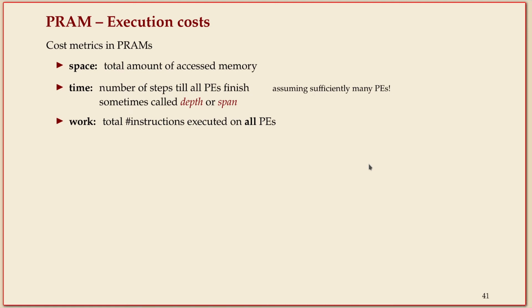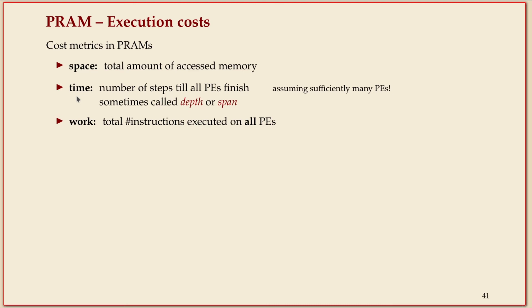But we'll have to talk about time in a second a bit more. Space is easy in the PRAM model because we have this shared memory. We'll only look at how much shared memory we use. So that's the same as in standard RAM. For time, in PRAM, there's a well-defined time, namely the number of time steps that the program runs.